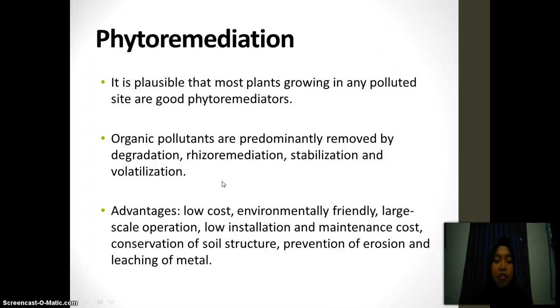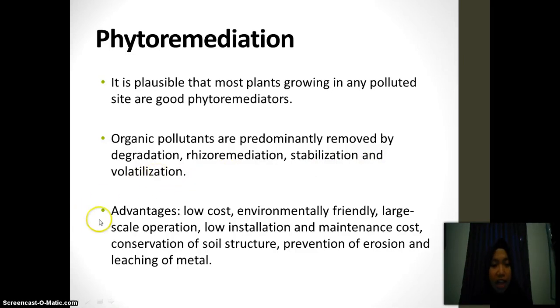Formaldehyde is an organic pollutant, so we can use phytoremediation techniques such as degradation, rhizoremediation, stabilization, or volatilization.